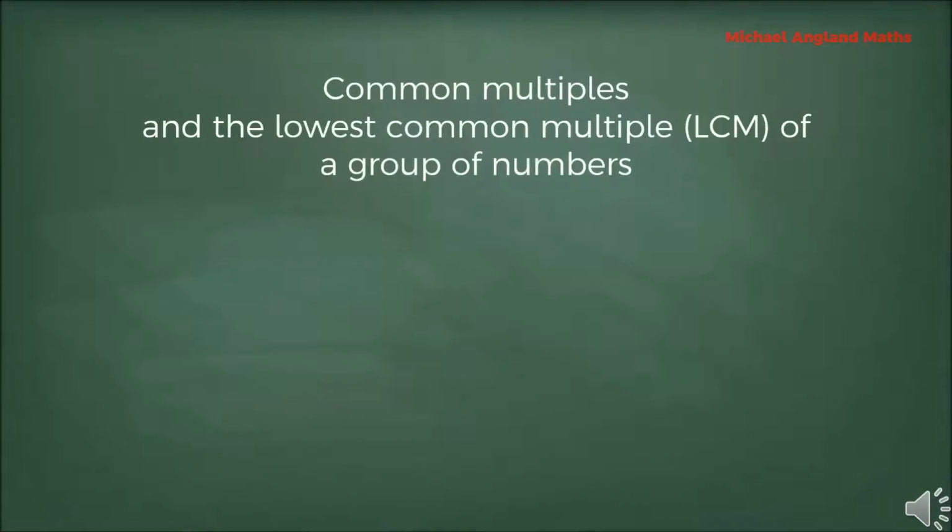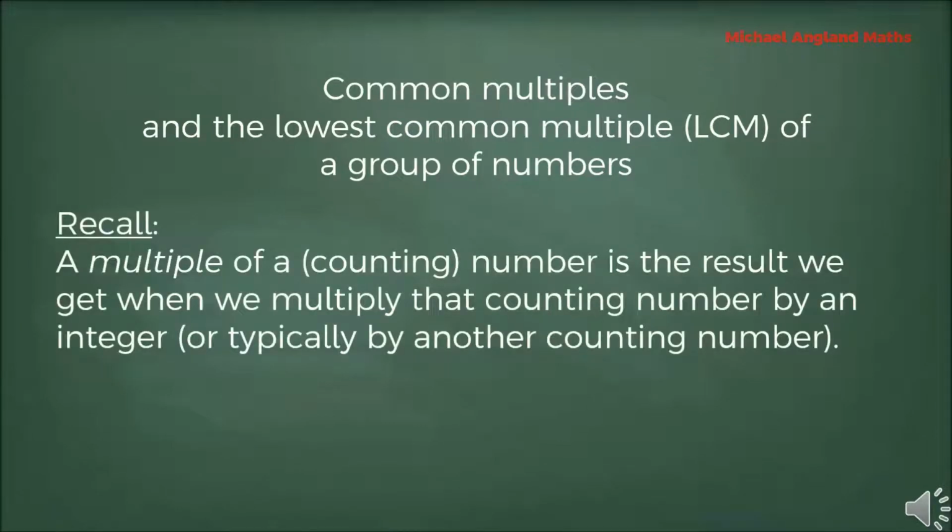Common multiples and the lowest common multiple, LCM, of a group of numbers. Recall, a multiple of a counting number is the result we get when we multiply that counting number by an integer or typically by another counting number. For example, multiples of 2 are 2 times 1 is 2, 2 times 2, 4, 2 times 3, 6, 2 times 4, 8, and so on, giving 2, 4, 6, 8, 10.